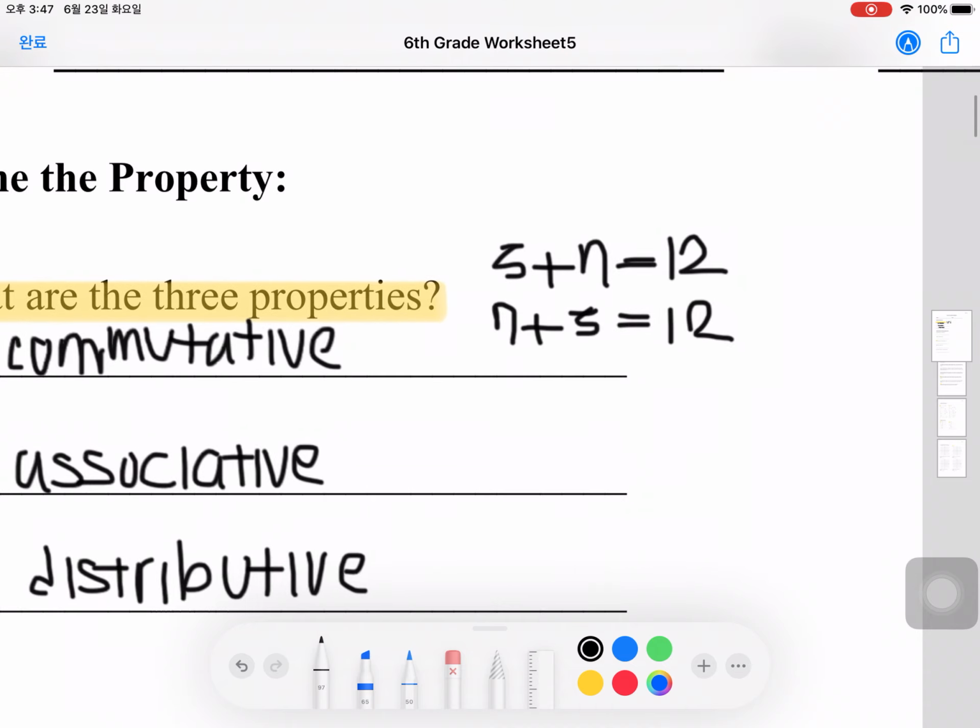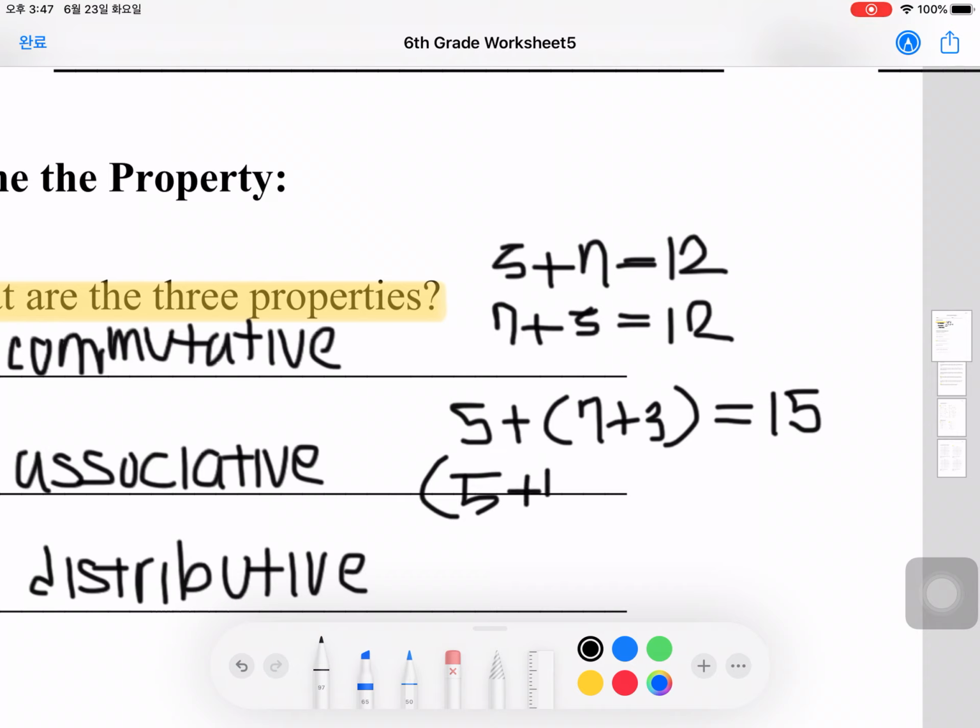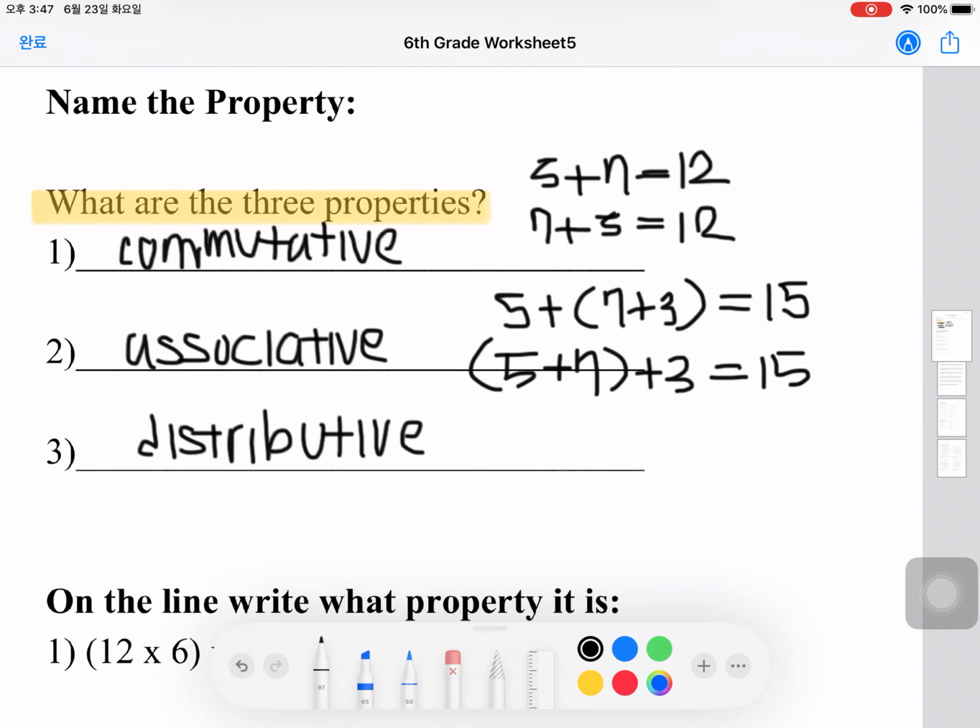So I'll give you an example. (5 plus 7) plus 3 equals 15. But also, 5 plus (7 plus 3) is also 15. Do you see how the position of the parentheses is switched? That's basically what associative is.